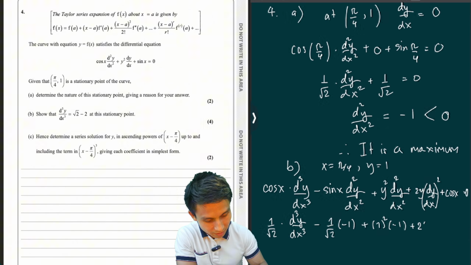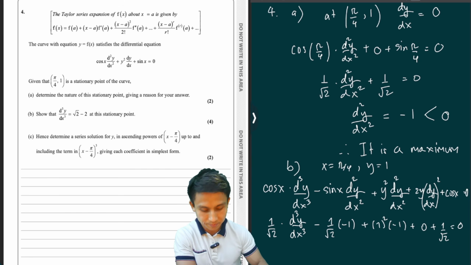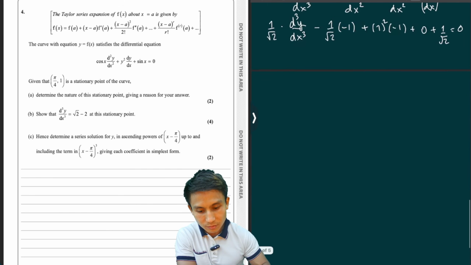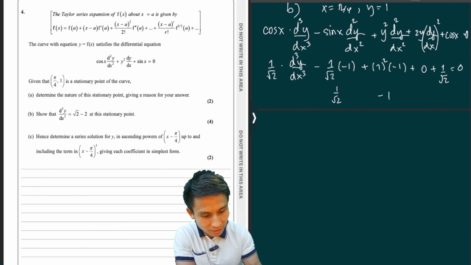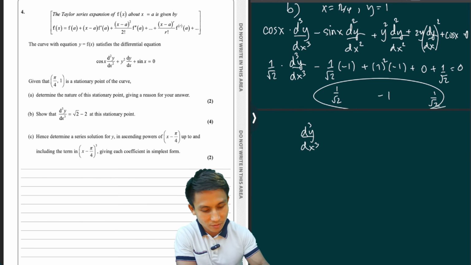Plus 2y. Oh, that thing's going to be 0, right? The whole thing here, because we have dy by dx. And cos pi over 4 is again 1 over root 2 equals 0. All right? And, well, that's going to be 1 over root 2 there. That's going to be minus 1 there, 1 over root 2 there. So all the number term or the constant term on this whole side will be what?